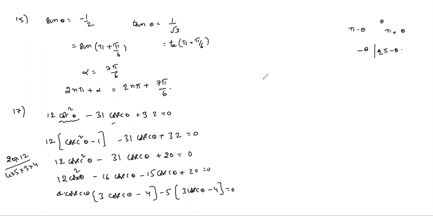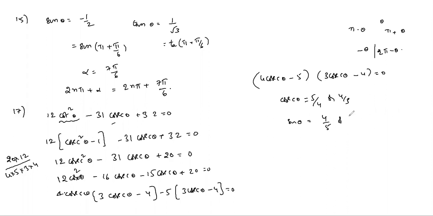So we get 4 cosecant theta minus 5 into 3 cosecant theta minus 4 equals 0. So cosecant theta value is 5 by 4 or 4 by 3. We have to find the sin theta value: 4 by 5 or 3 by 4. If some fixed values like 1 by 2, root 3 by 2 were given, we could write the general solution. Here we don't know the exact value, so we can use it like this.